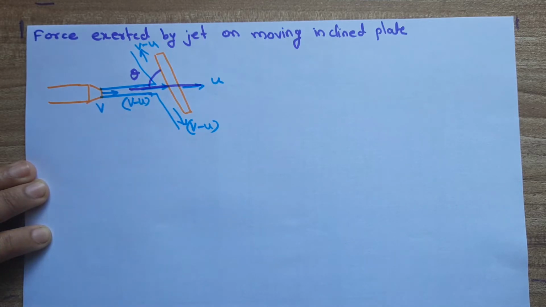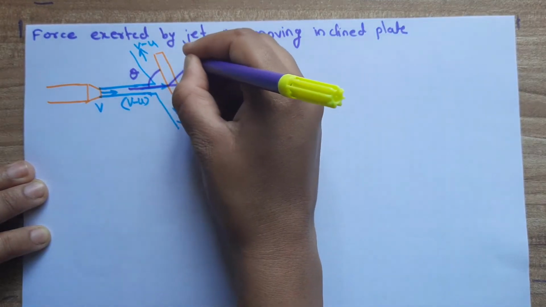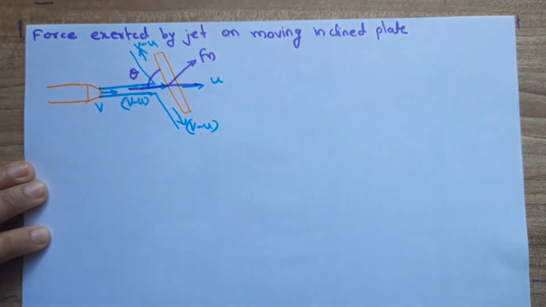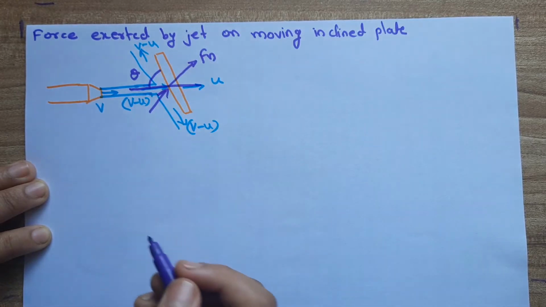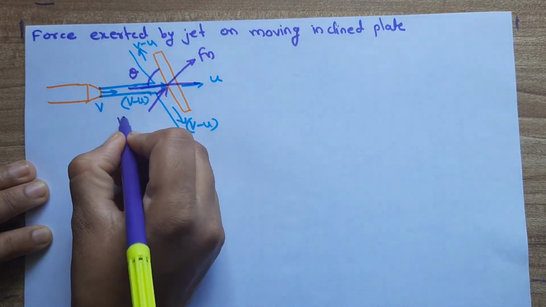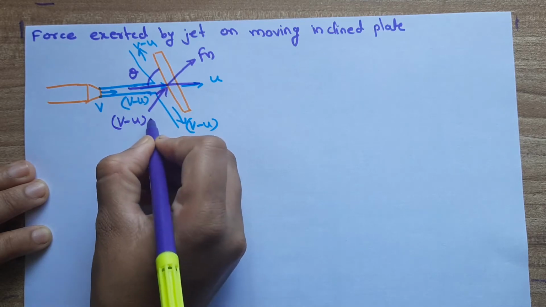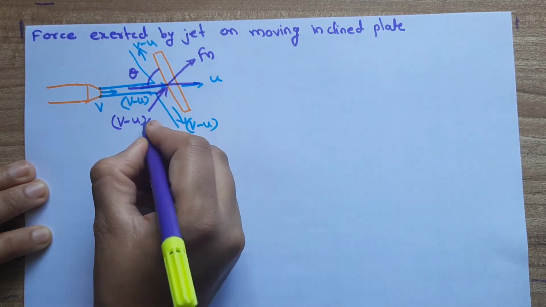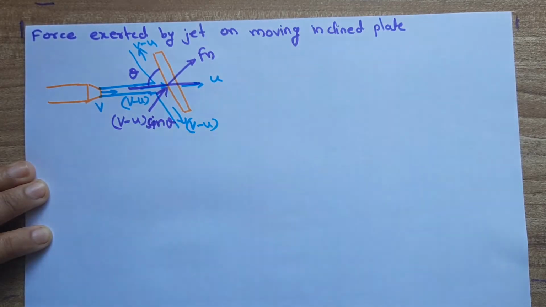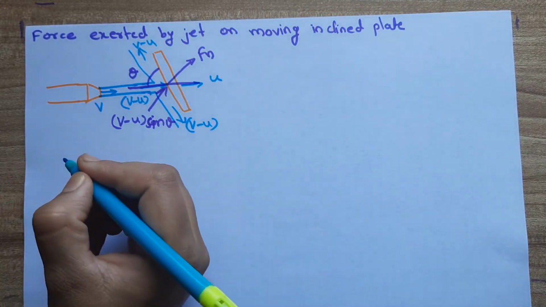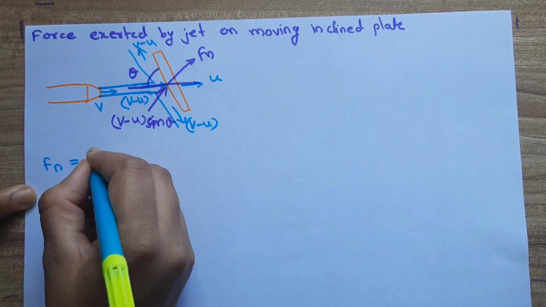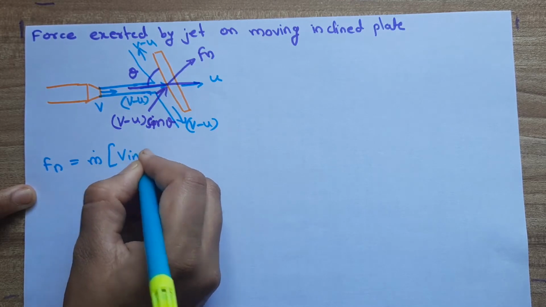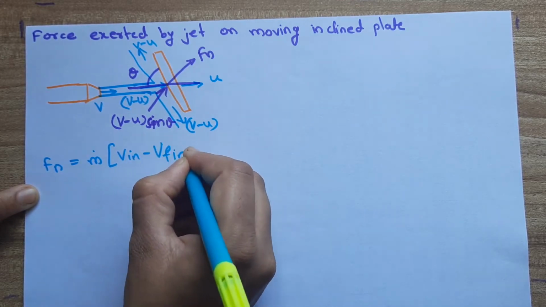Now let's find out again the normal force which is acting over here. For the normal force we will require the velocity component in the normal direction, so it will be equal to (v minus u) sine of theta. Now Fn equal to again m dot times (v initial minus v final).